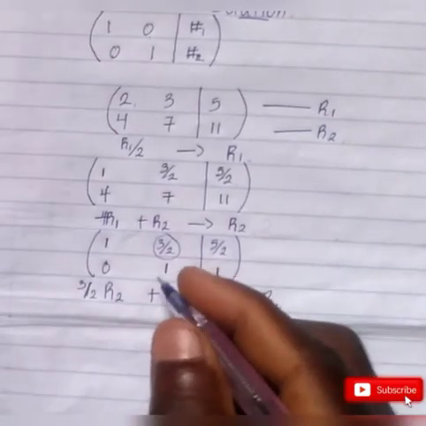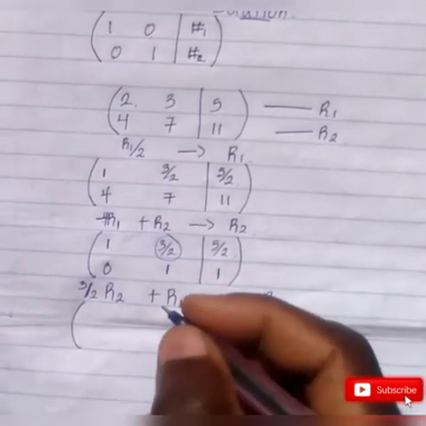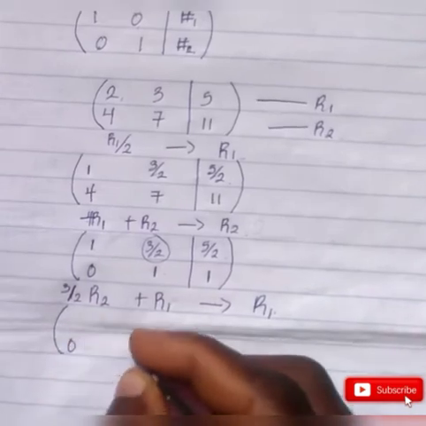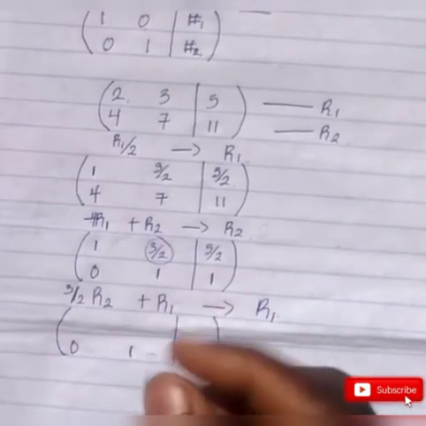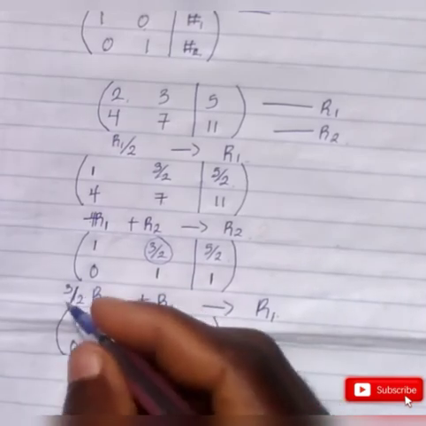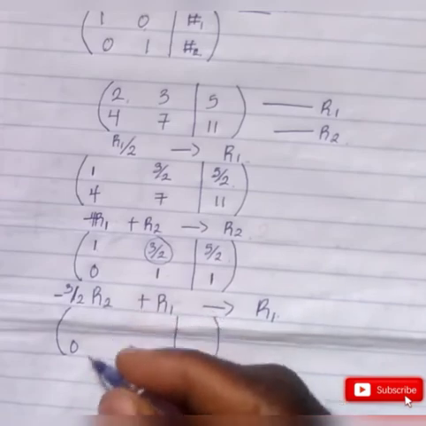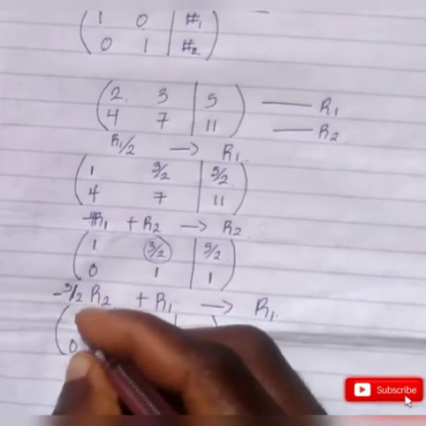So now let us begin that. Nothing will happen to your row 2, so you write your row 2 out. You have this. Now here you have minus 3 over 2 row 2. That is minus 3 over 2 times 0, that is 0, plus 1. That gives us 1.